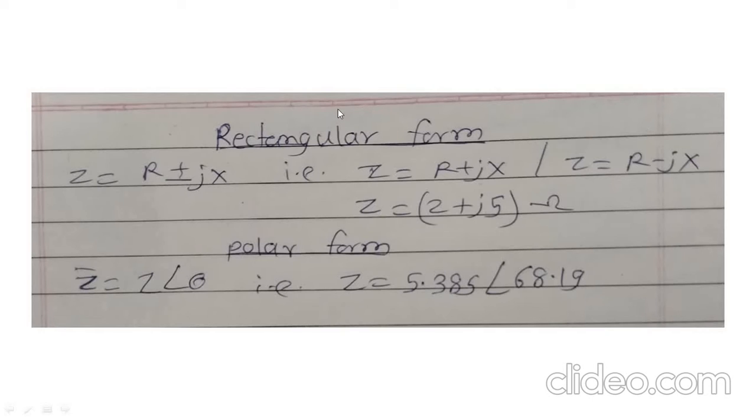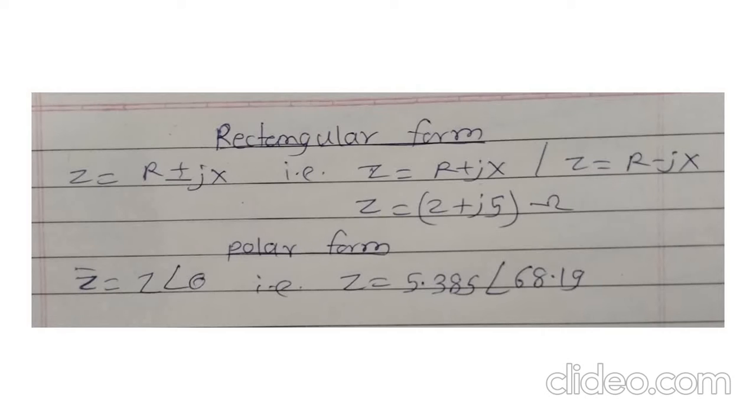Now what is the rectangular form? Suppose we have to represent the impedance, then in rectangular form it can be represented as R plus or minus jX, that is, Z is equal to R plus jX for the inductive circuit, or Z is equal to R minus jX for the capacitive circuit.